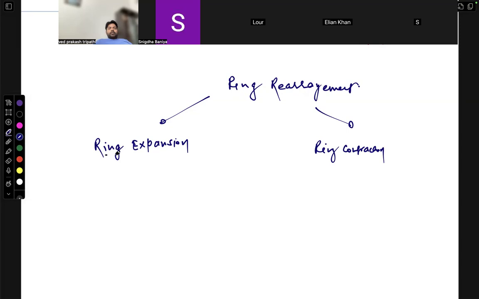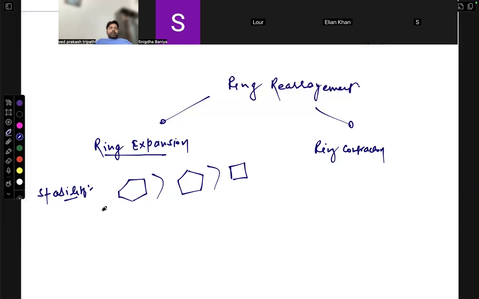What is ring expansion? The condition, listen to me, the stability of ring is 6-member, then 5-member, then 4-member ring. So the condition for ring expansion is, if you have a 4-member ring, 4 could become 5.